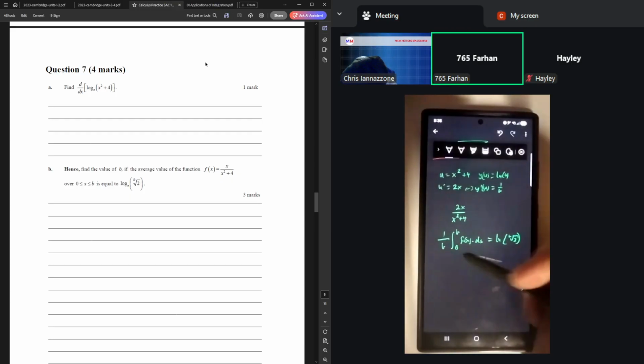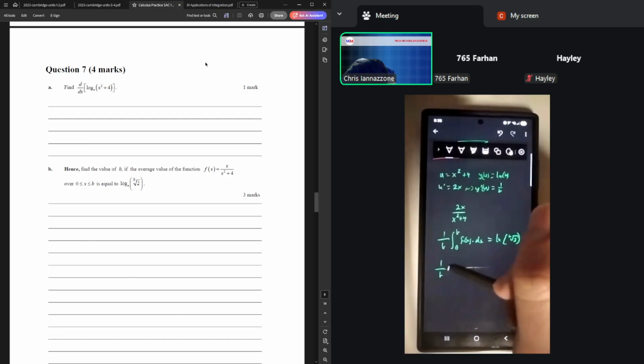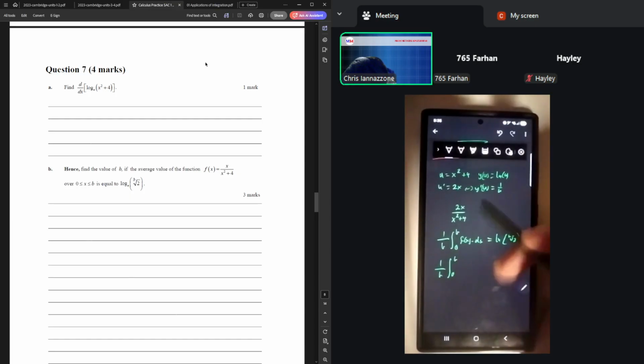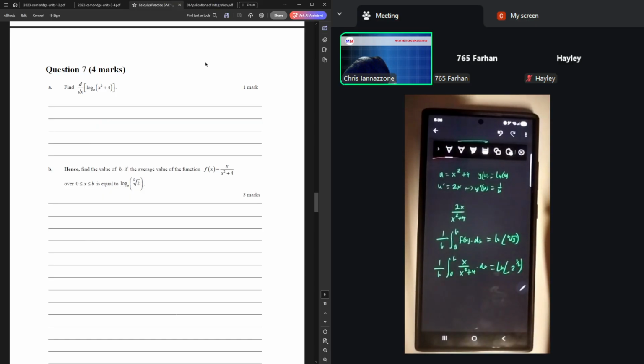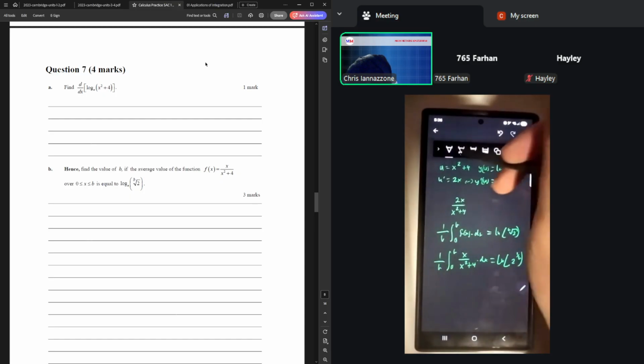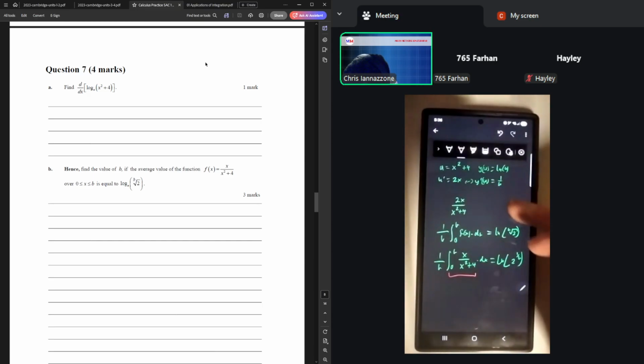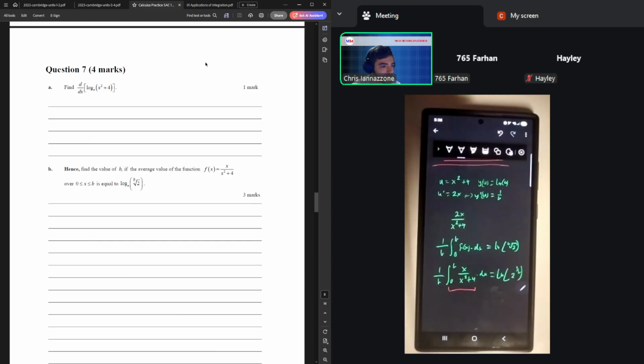So if I were to write this out properly, 1 over b integral 0 to b of x over x squared plus 4 dx is equal to the natural log of, let's do this instead, 2 to the power of 1 over b. We use the index version of the root instead. So just integrating this, tough. The hint is there's a reason part A exists here.